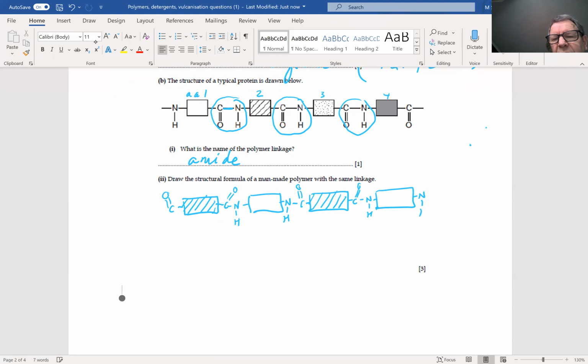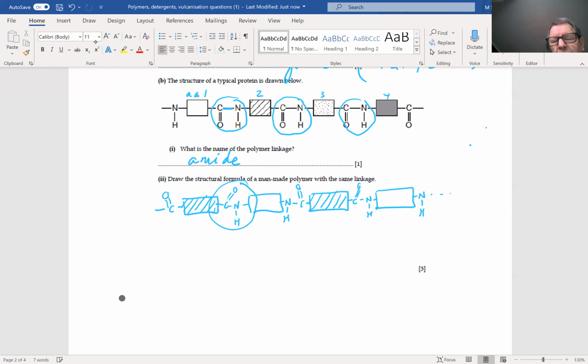This one has got NH on both ends. Now, if you look at this, you'll find that this bit of it here is the same as this bit up here. But what's different is that we have alternating, one box with CO coming out of it, both ends, and one box with NH coming out of both ends. Okay, so that's what you're looking for. CO, NH, NH, CO, CO, NH, NH, and so on.